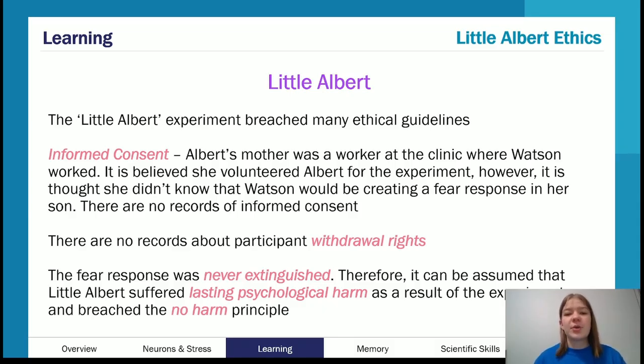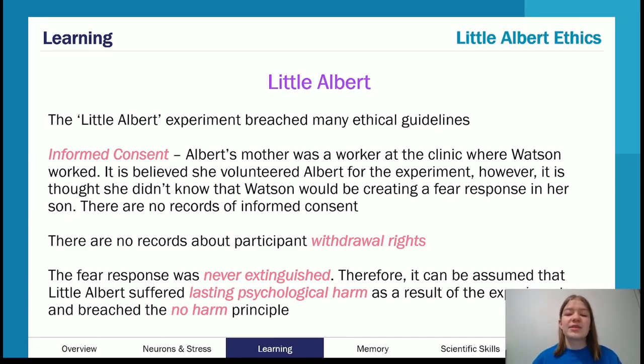Don't stress about knowing the Little Albert example or the Pavlov example with these dogs specifically. You don't specifically need to know about Little Albert ethics anymore. It's not explicitly listed in the study design, but you do still need to know about ethics in general. So I would still recommend that when you're doing your past exams, you go through and you answer these questions anyway, because you've probably learned about this scenario when you're being taught classical conditioning, and then you can apply this as a chance to practice your ethics.